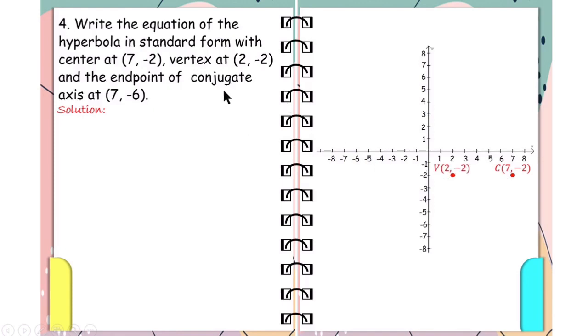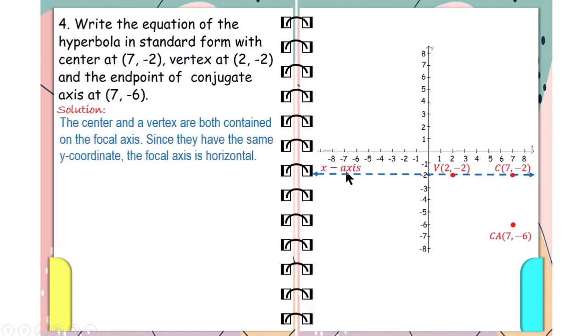And one of the endpoints of the conjugate axis is (7, -6). Remember, the center, the vertex, or the focus are located on the focal axis or principal axis. So if we connect the vertex and the center, the focal axis is horizontal or parallel to the x-axis.